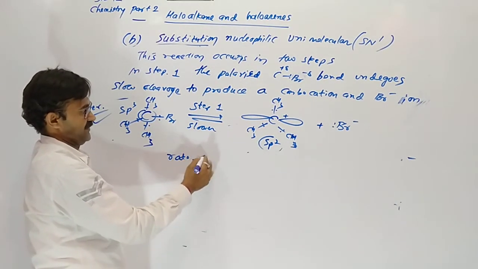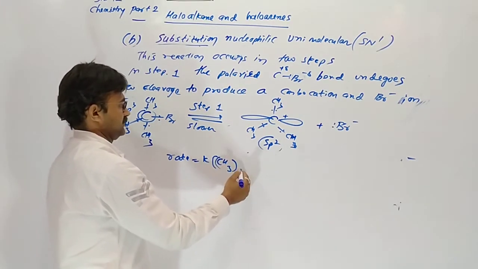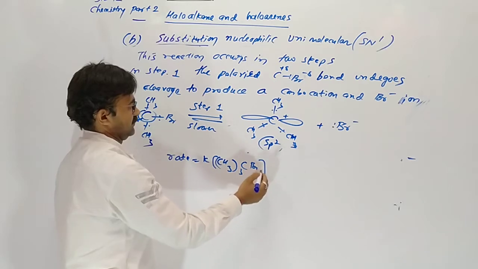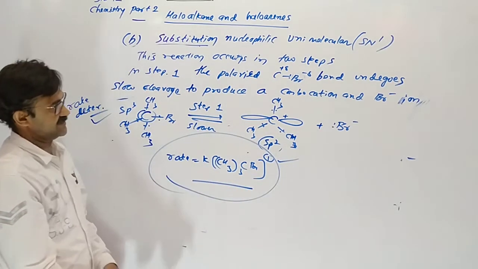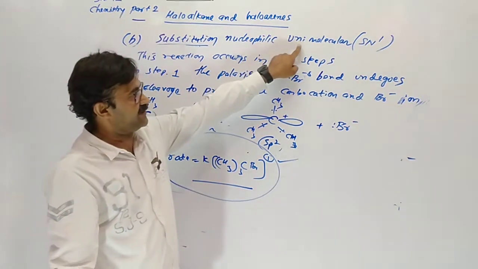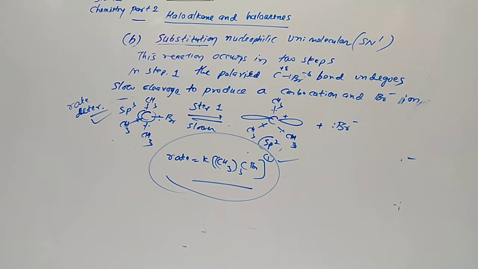So the rate of reaction here depends only upon the concentration of tertiary butyl bromide. So this is a first order reaction, and only one molecule is taking part in the reaction, so it is a unimolecular reaction. Understood? The second step is faster, so the faster step is not rate determining.